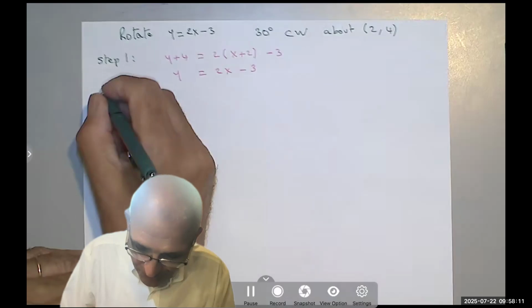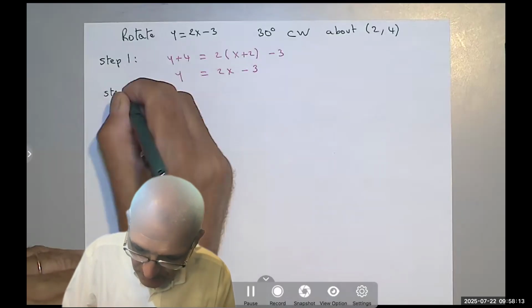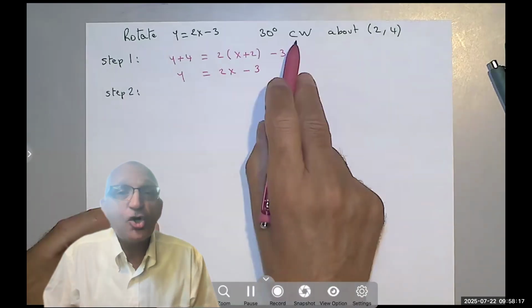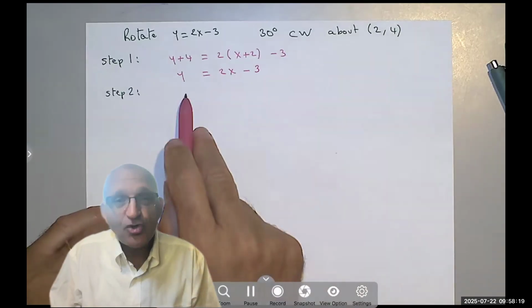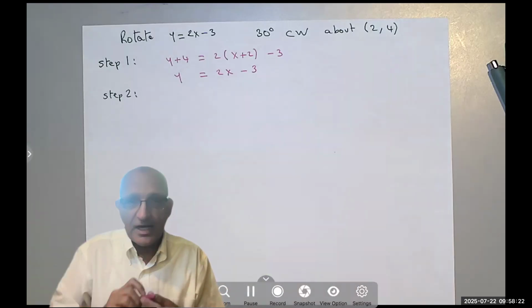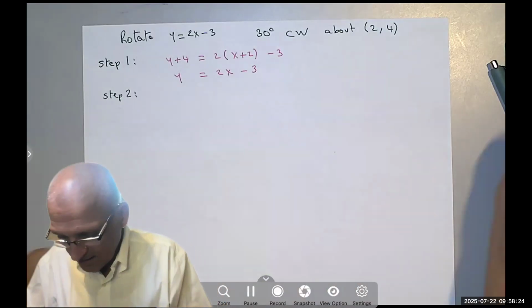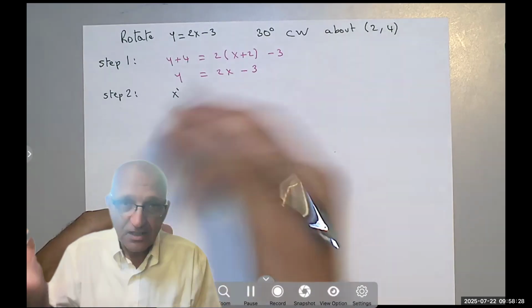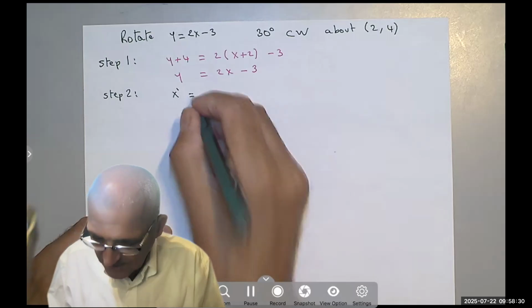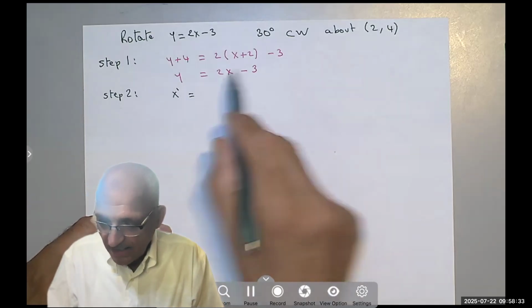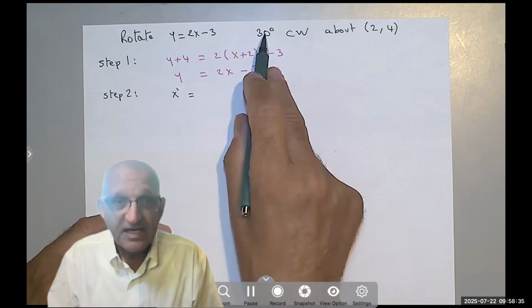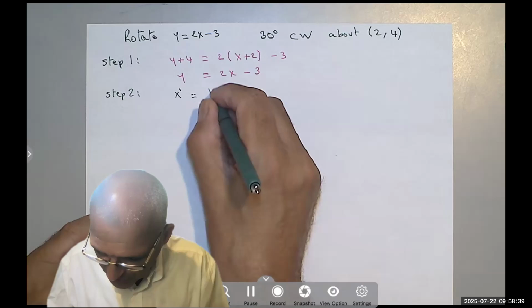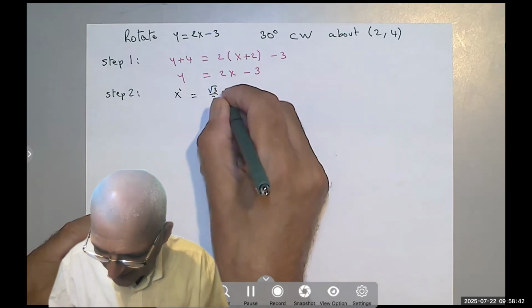Step number 2, notice I'm rotating clockwise. So I'm going to apply the counterclockwise equations where we had the x prime, so to speak, right, was x cosine theta, and theta here is 30 degrees, and cosine 30 degrees is root 3 over 2. So it's root 3 over 2 x.